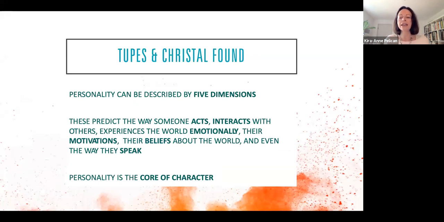These personality dimensions predict the way someone acts, interacts with others, even the way that we experience the world emotionally. They predict our motivations, the way that we feel about things in the world, our beliefs, even the way that we speak. So they're very powerful, and personality is very much at the core of character.